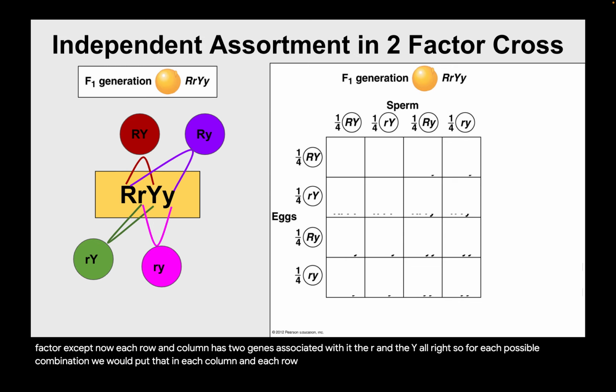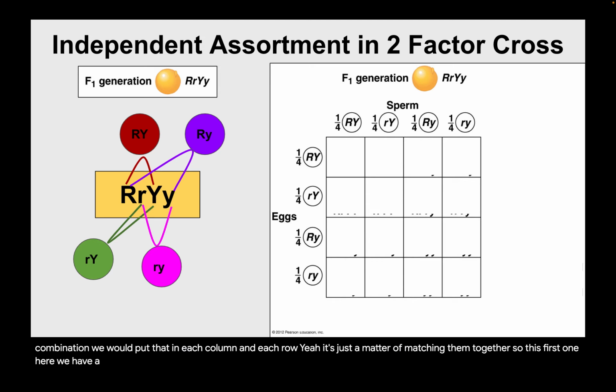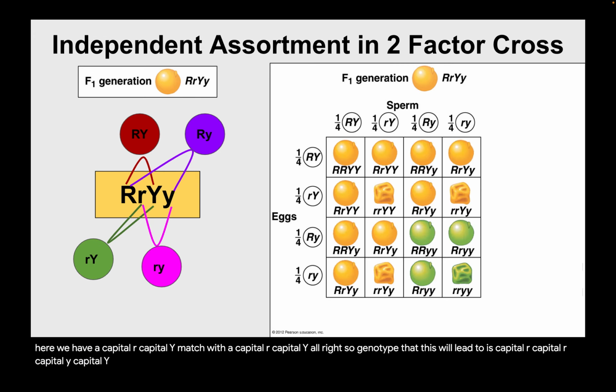And then again, it's just a matter of matching them together. So for this first one here, we have a capital R, capital Y, matched with a capital R, capital Y. So the genotype that this will lead to is capital R, capital R, capital Y, capital Y. It's just that matching game.